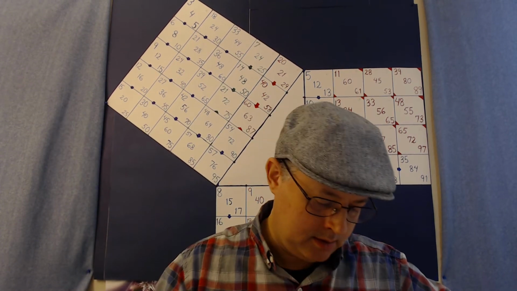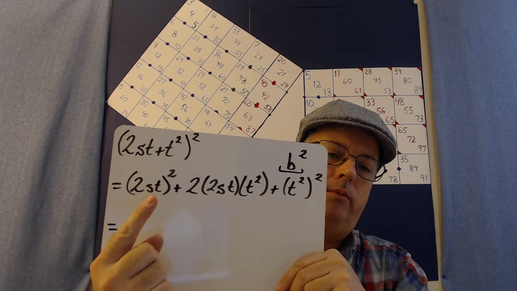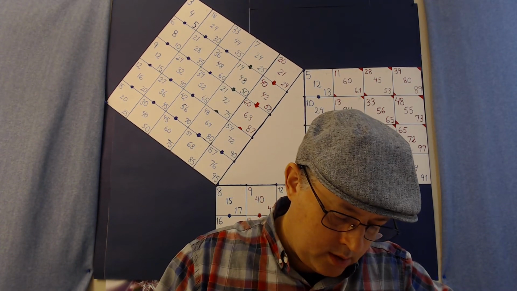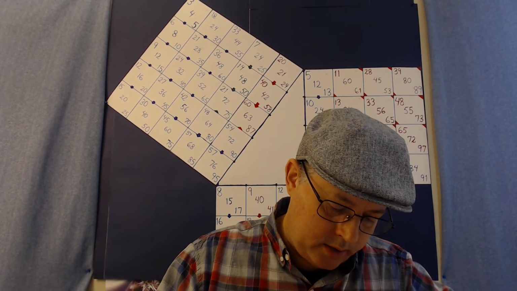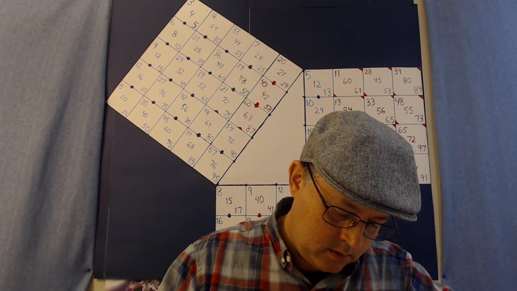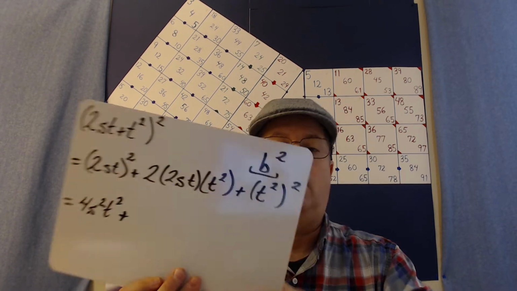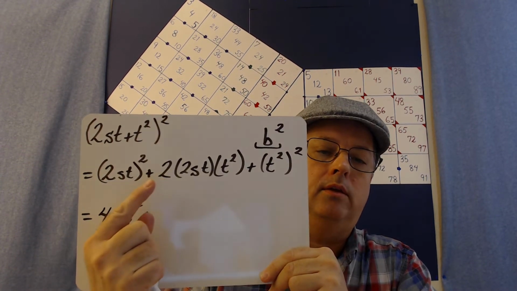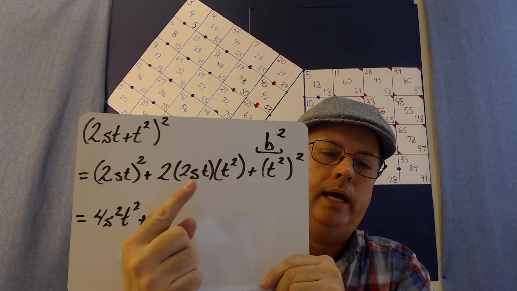Okay, now let's simplify this. And again here, 2 squared is 4, and then we have s squared and t squared, so that gives us 4s squared t squared. Okay, and then we're going to multiply this through. So here we have 2 times 2, that's 4. And there's an s.